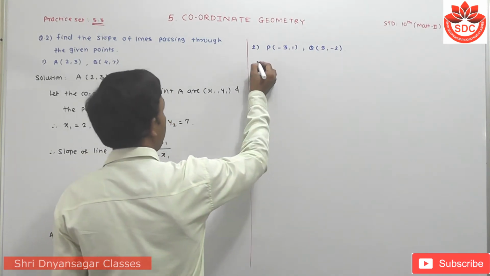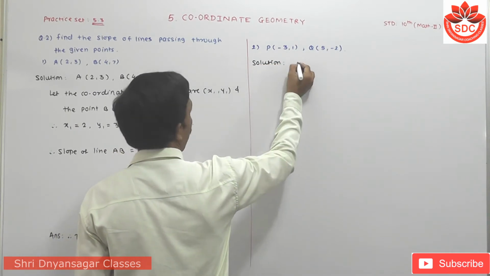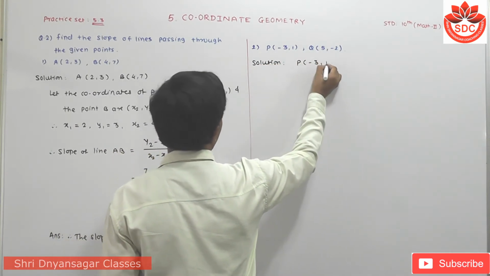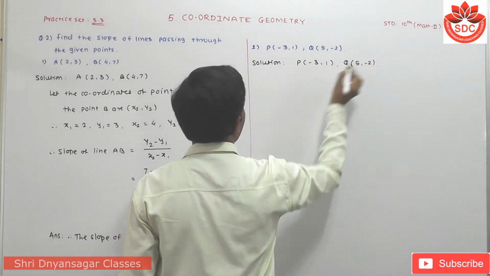Okay, then the second one is P having coordinates minus 3, 1 and Q having coordinates 5 and minus 2. Here is its solution. The point P is minus 3, 1 and Q is 5 and minus 2.